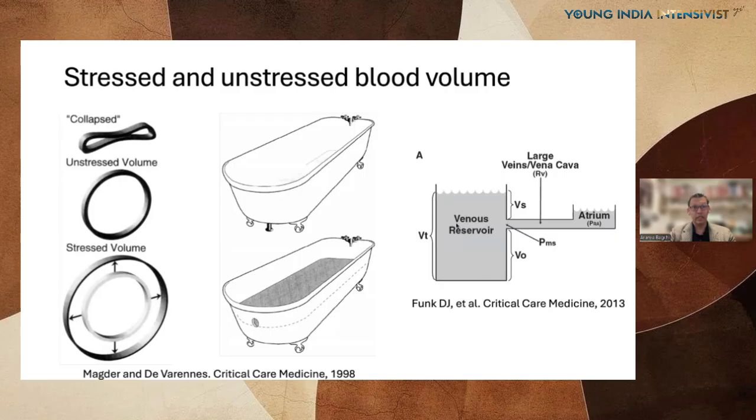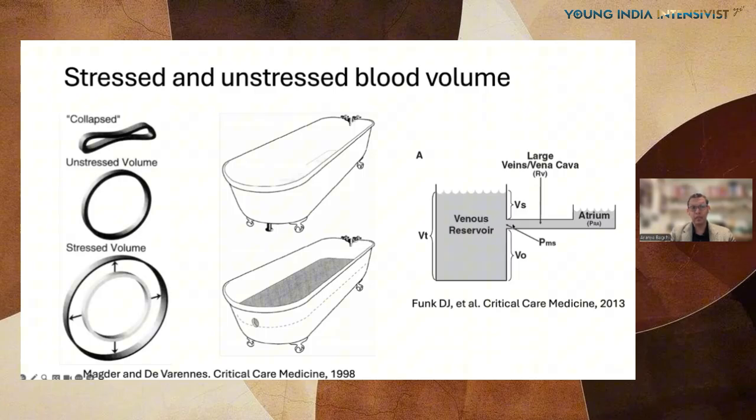So to take a slightly more schematic approach, this whole beaker is your venous reservoir, and you create an opening somewhere in the upper third of the beaker, and you attach a tube there, right? All the fluid above the level of that tube is the stressed volume.